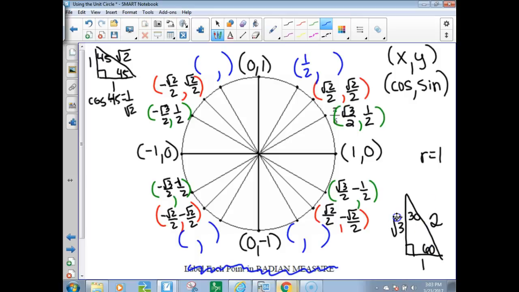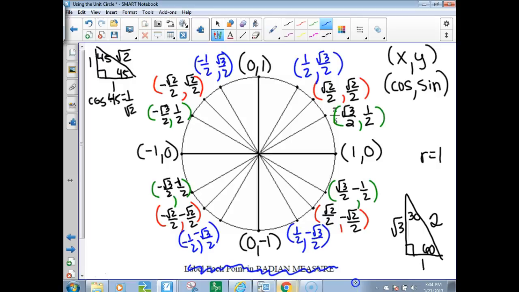The sine would be opposite over hypotenuse, square root of 3 over 2. And all of those are the same, except for the signs. So negative 1/2, square root of 3 over 2 in quadrant 2. Both negative in quadrant 3. 1/2 would be positive in quadrant 4, and the square root of 3 over 2 would be negative.